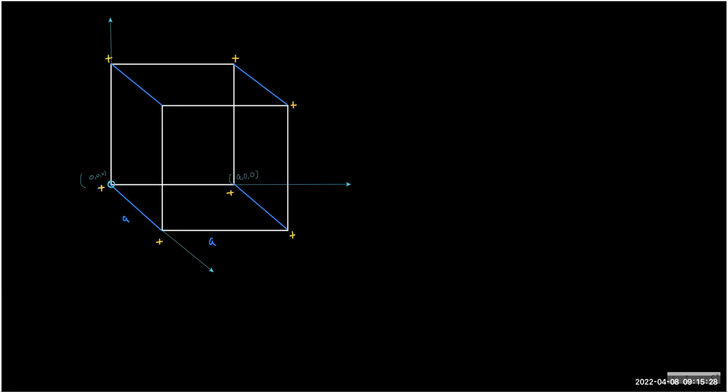Sir, now I'm getting the components due to the particles which are at a distance of a from that origin. For that, I'm getting F into minus i minus j minus k, sir, like the net. And then due to the face diagonals, sir.